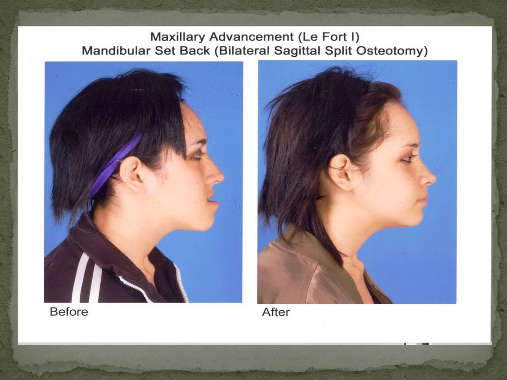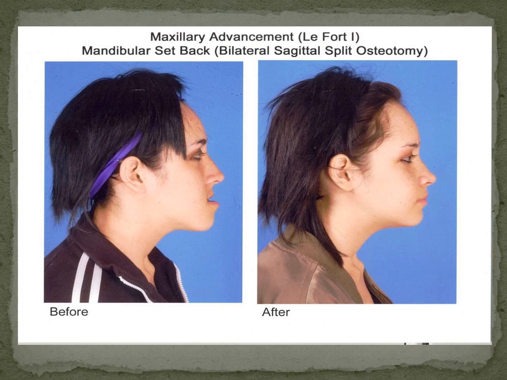Suppose a patient has maxillary excess and also a prognathic mandible. The procedure we normally go for is the Le Fort 1 osteotomy or AMO depending upon the model analysis and cephalometric analysis. After that we go for the bilateral sagittal split osteotomy. And there is one more technique called visor osteotomy. If we want to move a particular segment of teeth, then we go for the visor osteotomy procedure. The Le Fort 2 and 3 are commonly used for craniofacial defects.